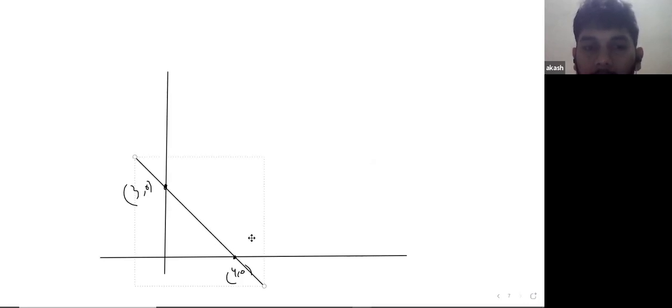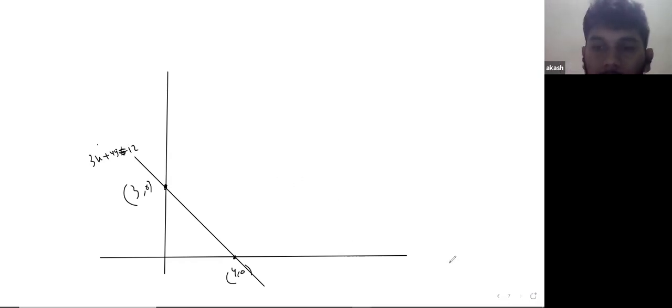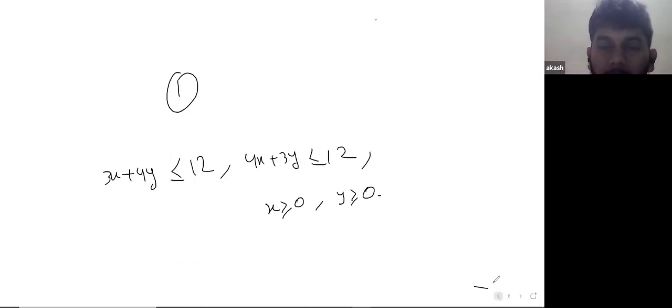And when solving, please write down the equations on the graph also, right? Like this. This is the equation. Use the equals to sign. And the second equation, x is 3, y is 4.